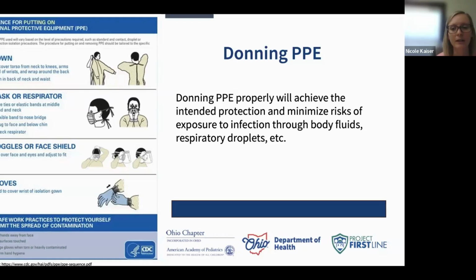So once we know we need to use the PPE, it's important to understand how to properly put that on and then also take it off. When we're putting on, again, we should be washing our hands before putting on our gown, ensuring that it is fitting well. So making sure that we tie it, that it's not draping in the front, that it's covering our arms, that there aren't any gaps.